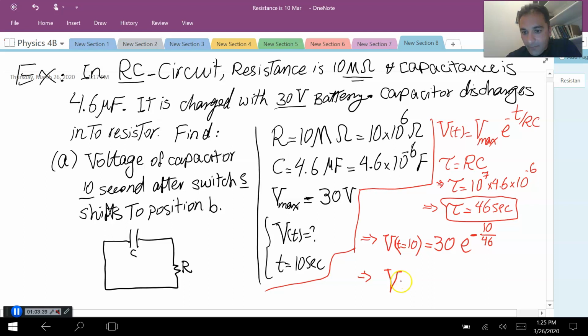Use your calculator for the voltage after 10 seconds. Go ahead, find the answer. Everybody, please.